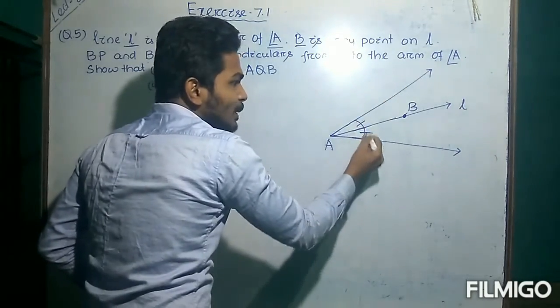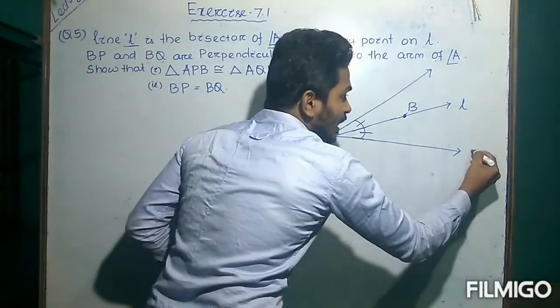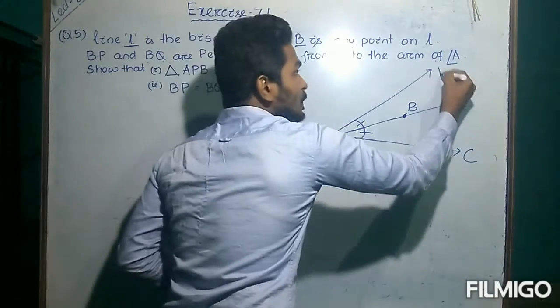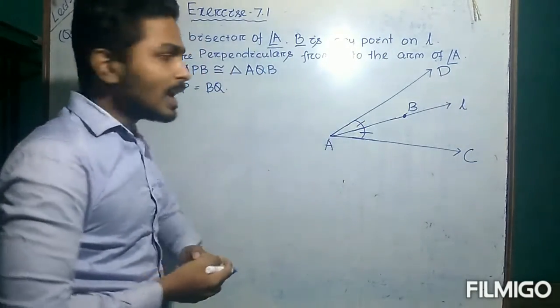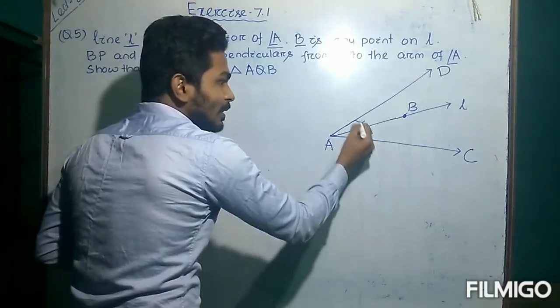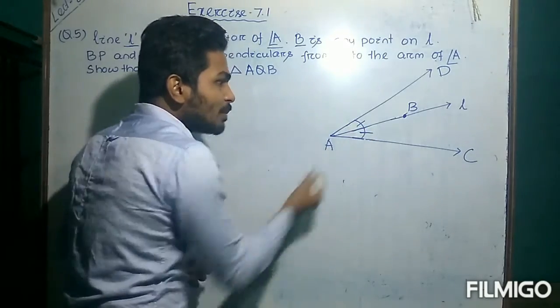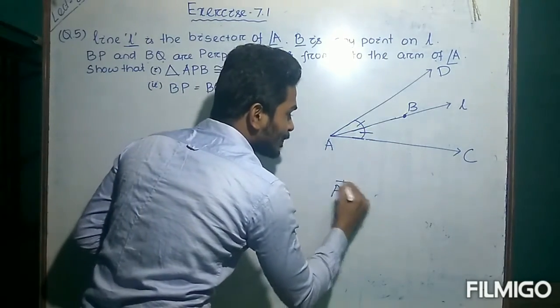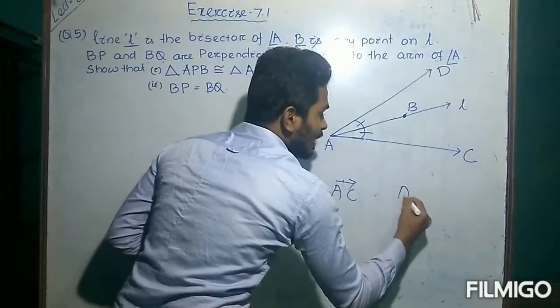Since A is the angle, if we take this point to be C and this to be D, then the angle A has 2 arms. One is AC and one is AD.